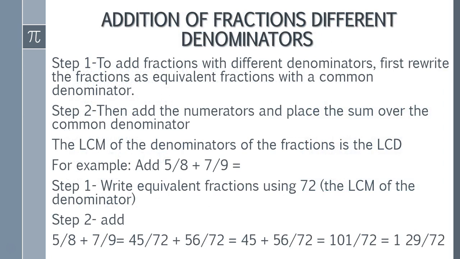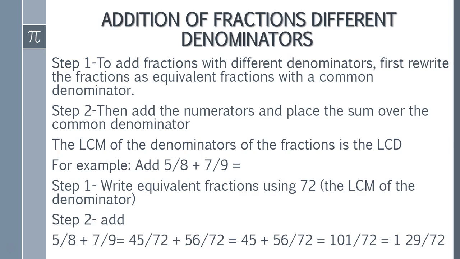Now we can also add fractions with different denominators. There's more steps to it, and this is normally when students get confused. Step 1 is to add the fractions with different denominators. We first need to rewrite the fractions as equivalent fractions with a common denominator.